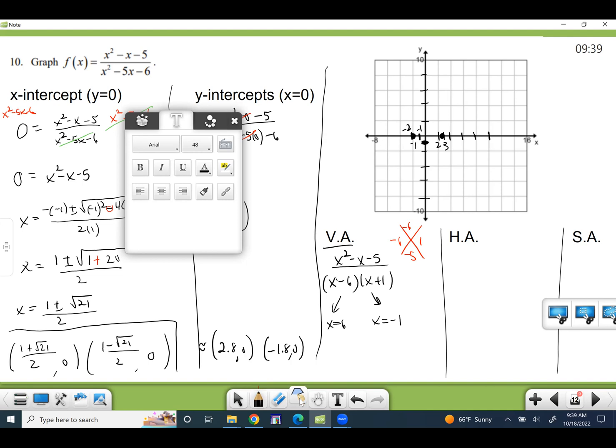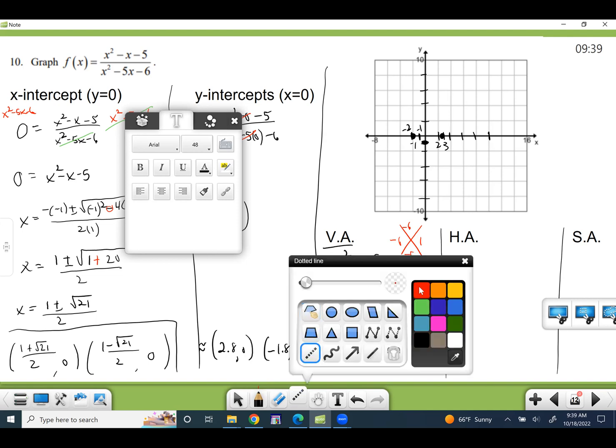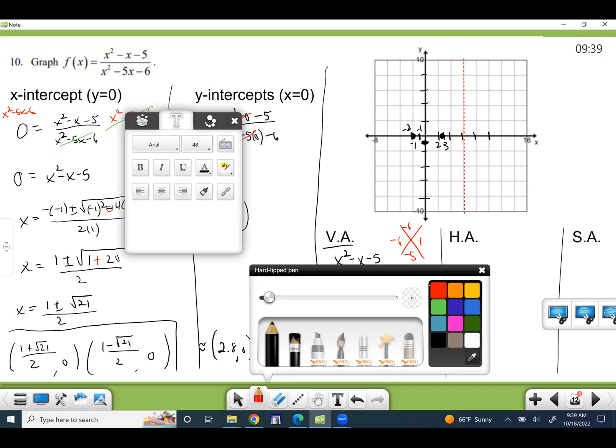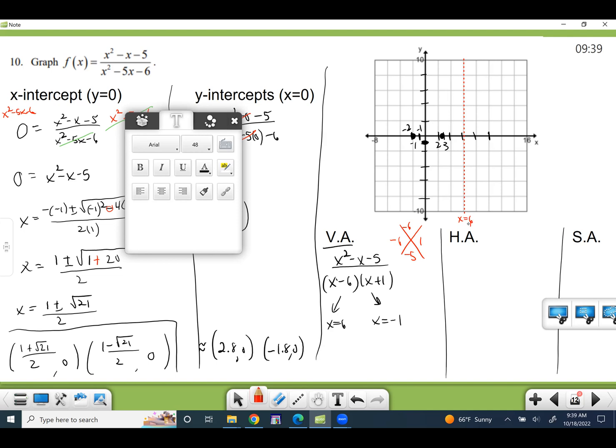So at positive 6, I'm going to draw a vertical asymptote. 2, 4, 6. So it looks like it's going to be right here. And then at negative 1, right? So like about right there. All right.